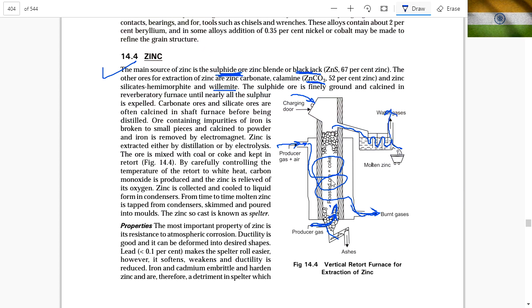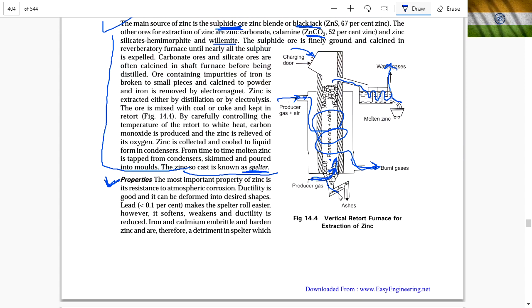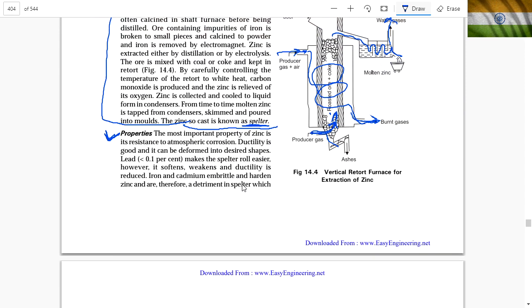So this is the process of how to obtain this. You just read this process, right? We are not much bothered about this type of process. We are bothered about the properties and uses. Zinc so cast is known as spelter, right? This is called spelter. There you could have the understanding of how it is prepared.